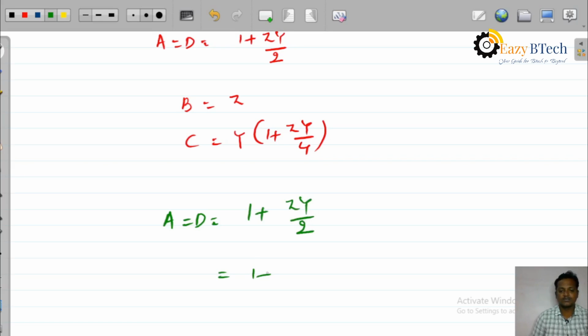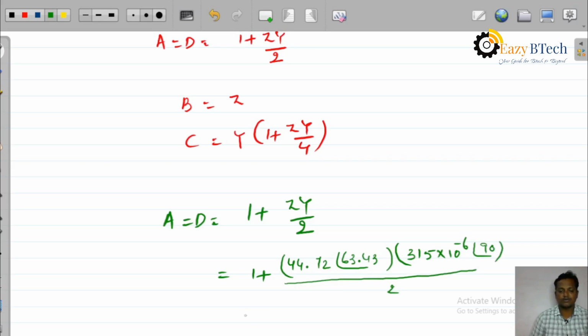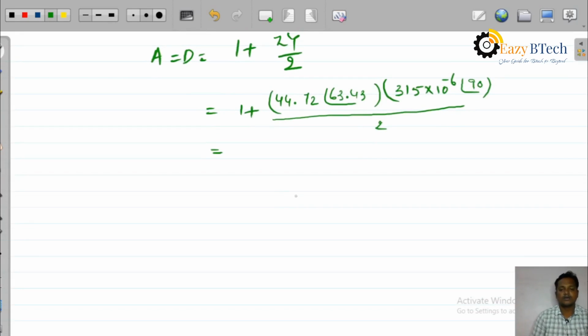Therefore, it is 1 plus the Z value equals to 44.72 at an angle 63.43 into Y value equals to 315 into 10 power minus 6 at an angle 90 divided by 2. Divided by 2, we get 1 plus 0.00704 at an angle 153.435.